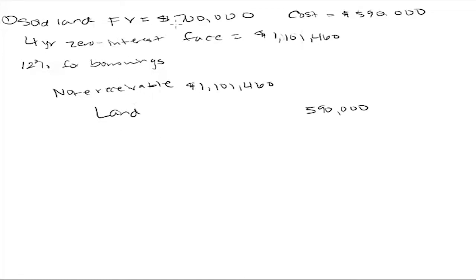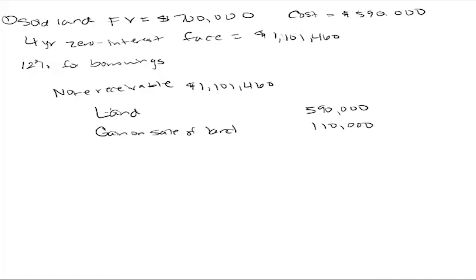I know that fair value of the land is $700,000. So if I compare that to our cost on our books, that'll tell me whether we're selling this for a gain or loss. And you should see that we have a gain on sale of land for $110,000. That's the difference between that $700 and the $590.